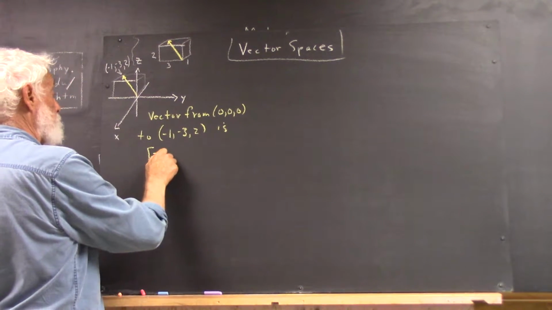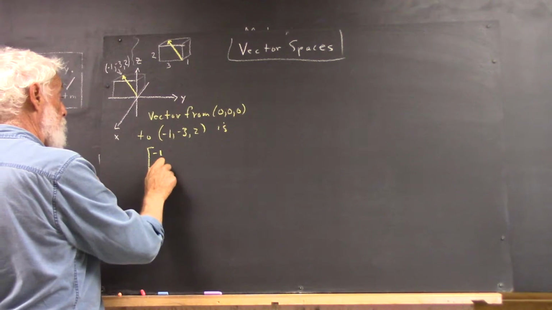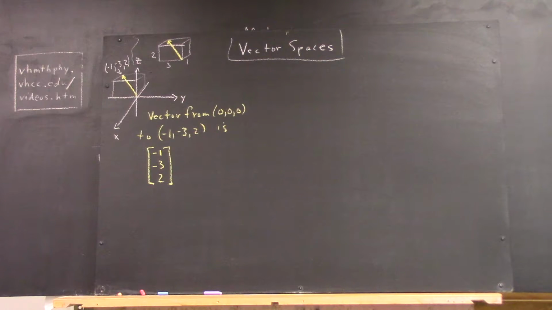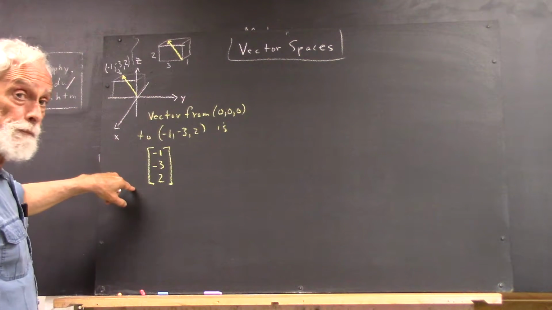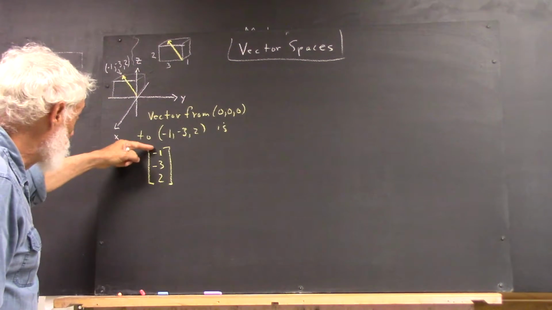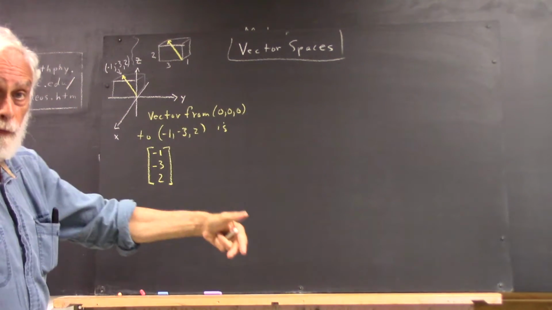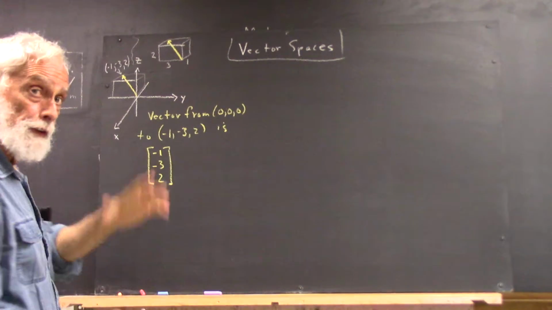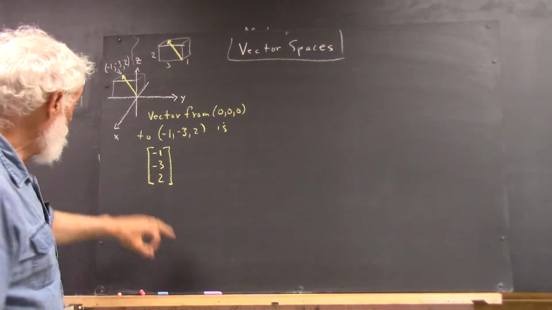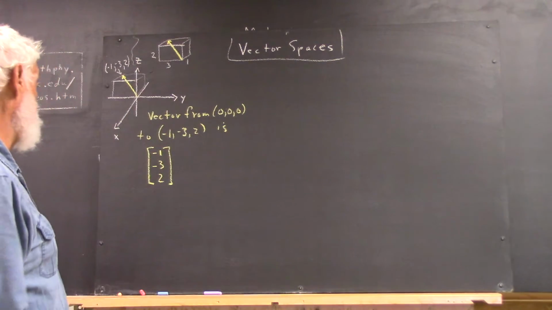The x component is going to be -1, the y component -3, and the z component is going to be 2. So, that's a typical vector in 3 dimensions. We have to have 3 components, 1 for x, 1 for y, 1 for z, and that tells us the displacement corresponding to the vector, okay?